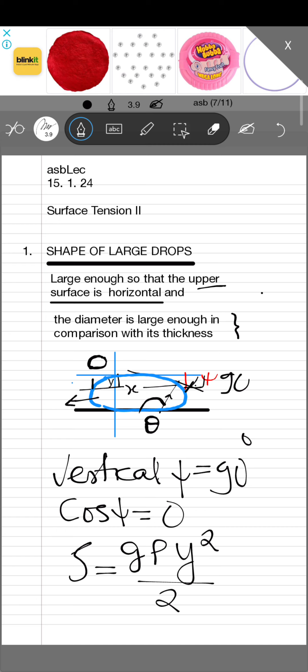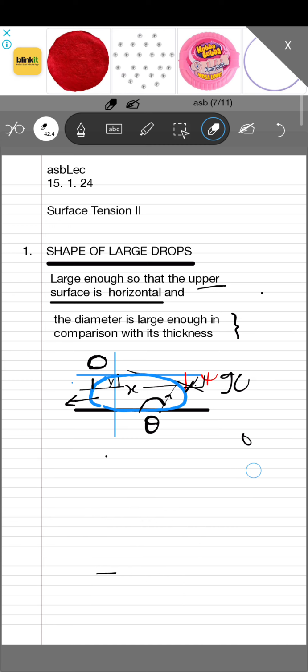Okay, and if it grows in the horizontal direction, then there will be a point where psi will be equal to 0 degrees. So in that case, we can now represent cos psi in terms of this angle theta.